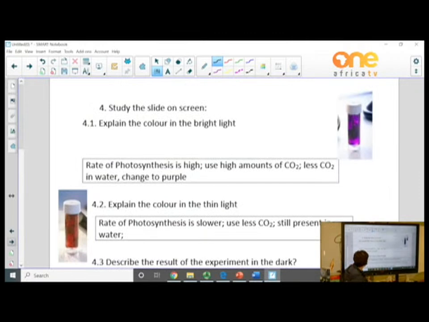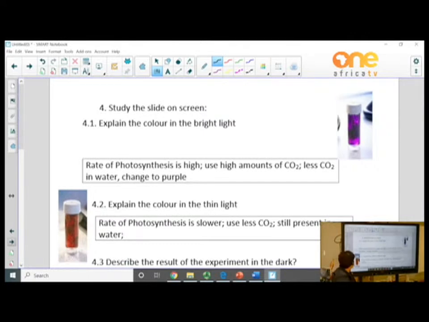Then we had the picture of bright light, and I said the rate of photosynthesis will be very high during bright light, so it will use high amounts of carbon dioxide, and I go to my scale of color and try to get the color that is mostly indicating a lack or a removal of carbon dioxide, and that will be purple.